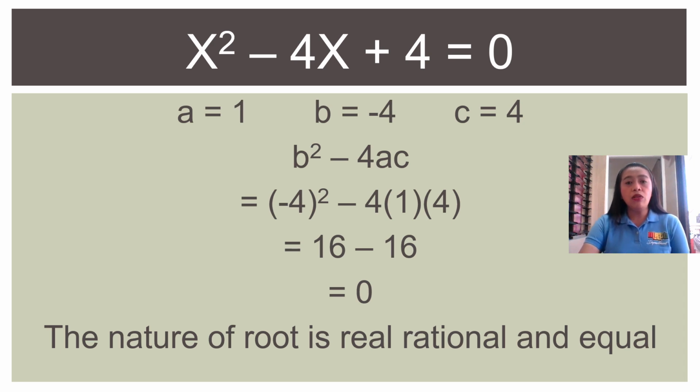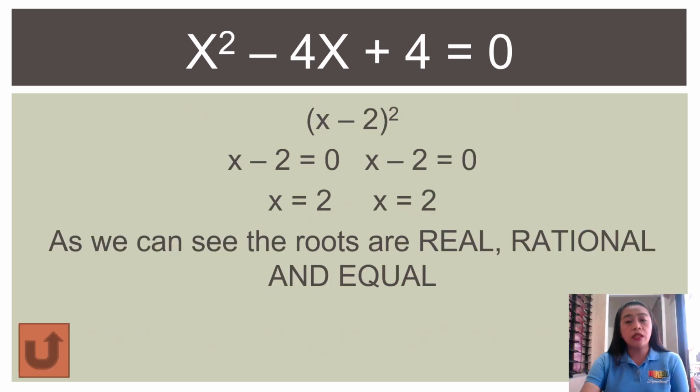So let's take a look if the roots of x squared minus 4x plus 4 equals 0 are really real, rational, and equal. Take note, it must be real, it must be rational, and it must be equal. By factoring, the roots are x minus 2 squared.